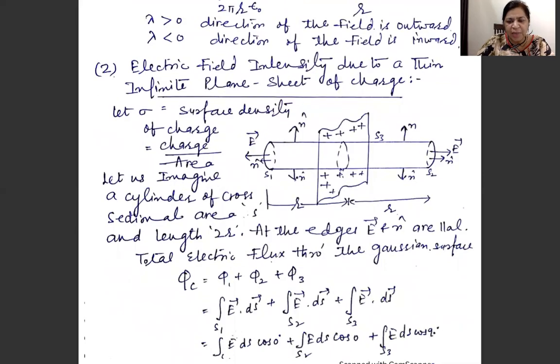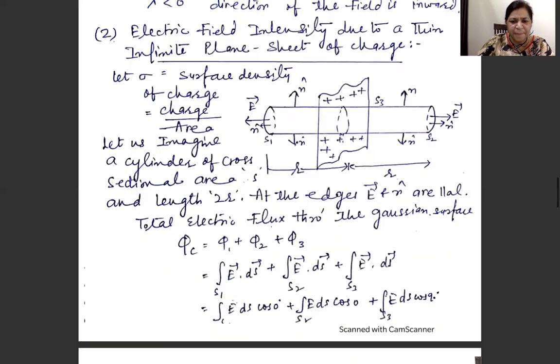Now, electric field intensity due to a thin infinite plane sheet of charge. Now you can see that we have an infinite plane sheet. Again, we will consider a circular cylinder passing through this sheet, having cross-sectional area S, and the length of this cylinder is 2r. Here, because we are using a sheet, we will use a term sigma. Sigma is the surface charge density, that is charge upon area.